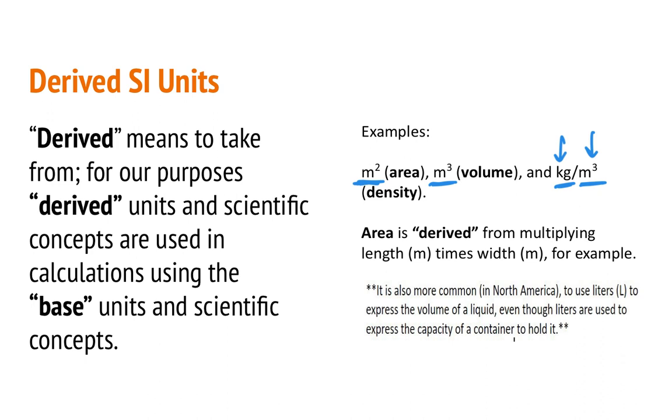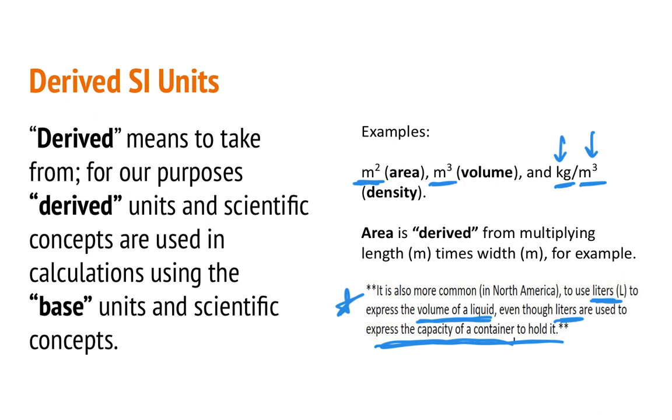I would like to take note here at the bottom. It is also common in North America to use liters to express the volume of the liquid in the container, even though liters is really used to express the capacity of the container to hold it.